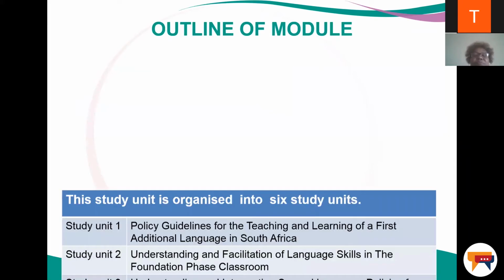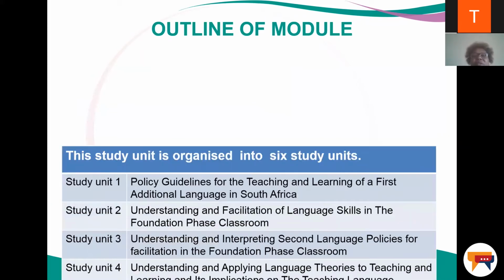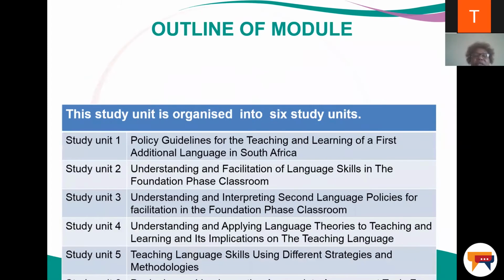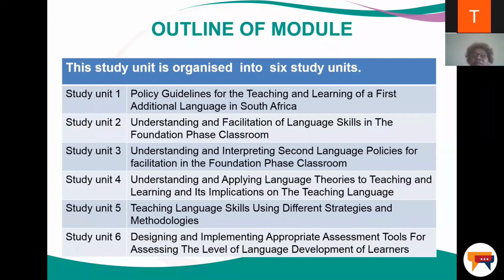And this is the outline of the module. Unit 1, policy guidelines for the teaching and learning of first additional language. In Unit 2, you will learn about understanding and facilitation of language skills in the foundation phase classroom. Unit 3, understanding and interpreting second language policies for facilitation in the foundation phase classroom.